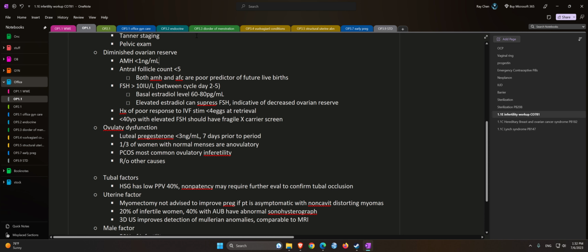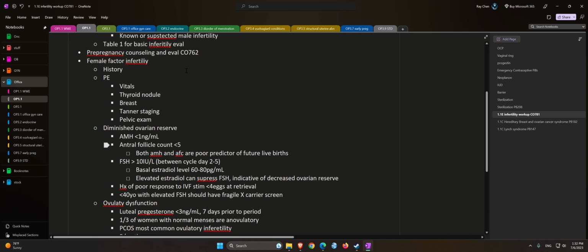If less than 1 nanogram per milliliter, that's indicative of diminished ovarian reserve. Antral follicle counts less than 5. However, both AMH and antral follicle count are a poor predictor of future live births.